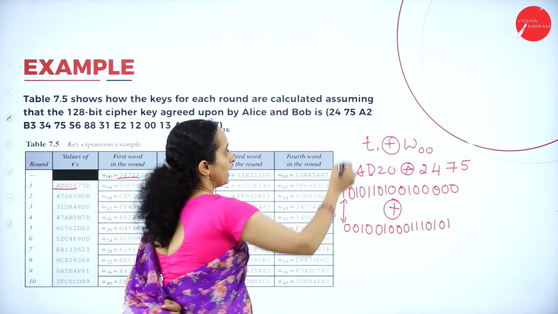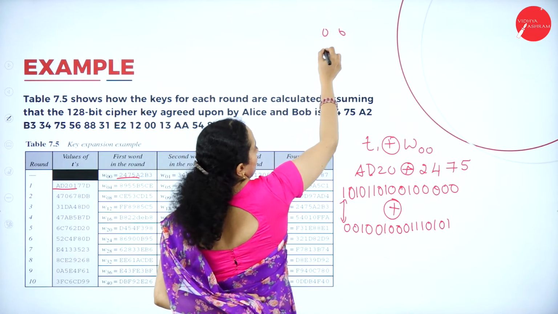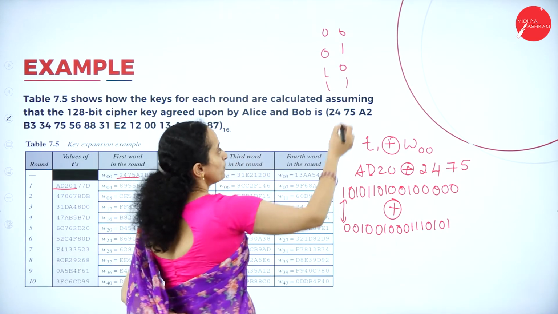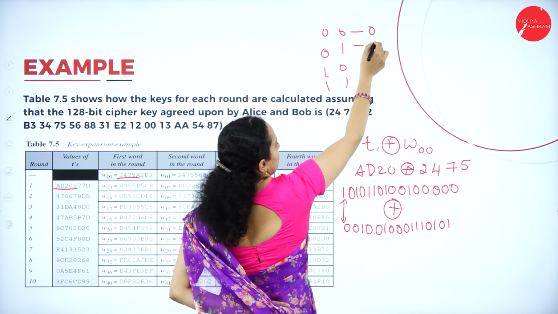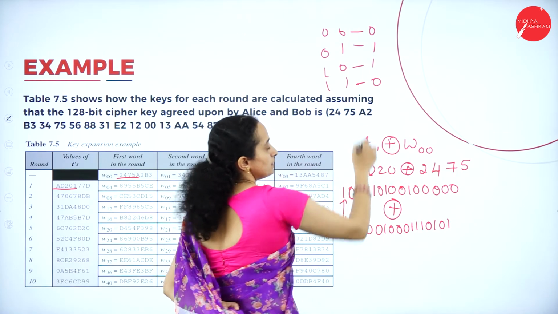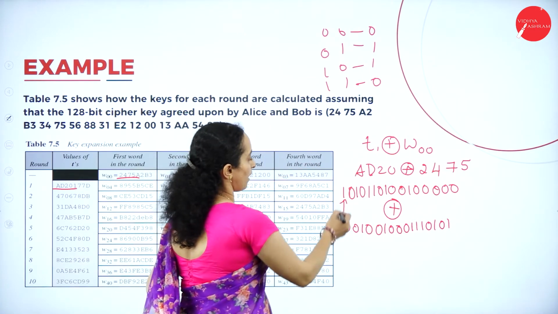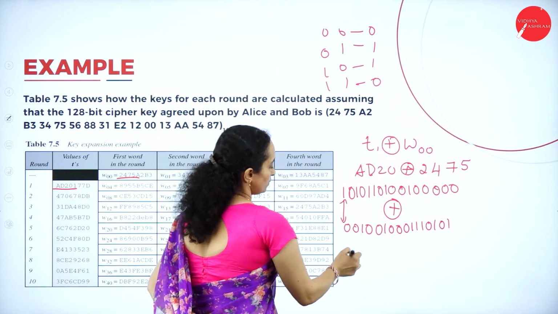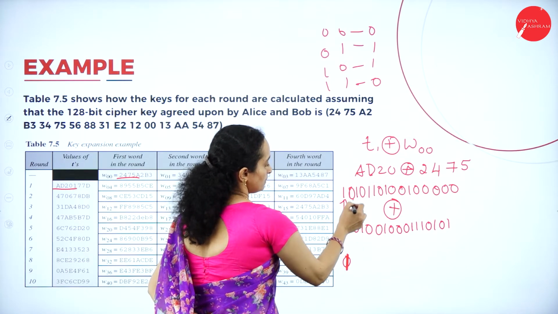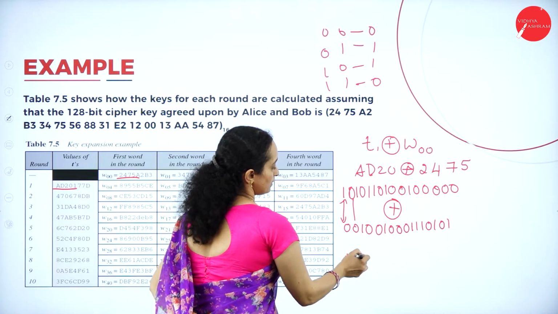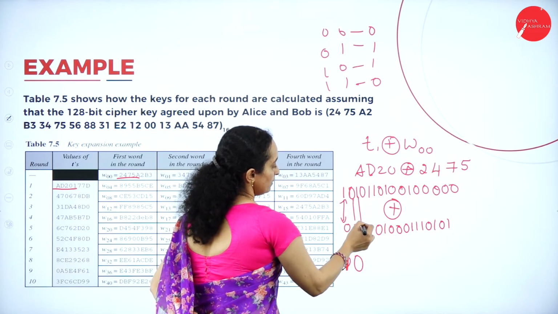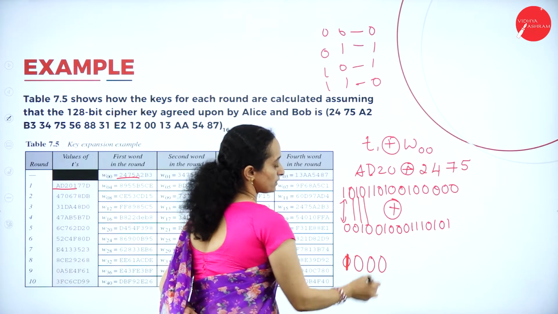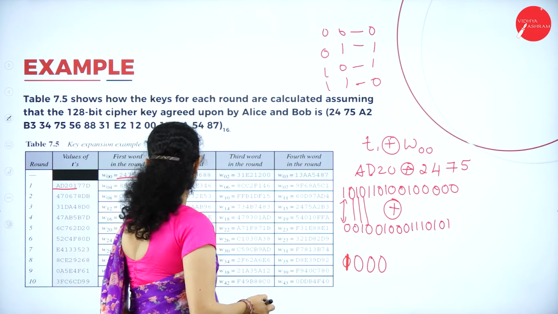you know about the truth table: 0 0, 0 1, 1 0 and 1 1 with 2 inputs gives you 0 1 1 0. So if you take the same value, 1 0 generates 1, 0 0 generates 0, 1 1 generates 0, 0 0 also generates 0.